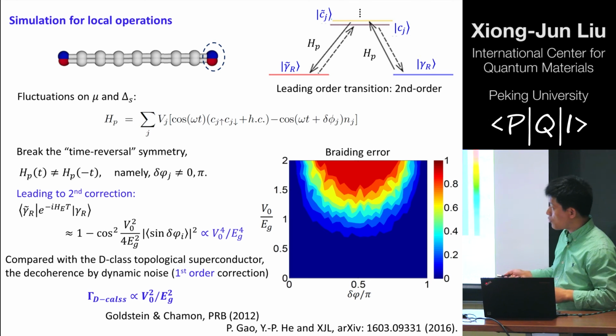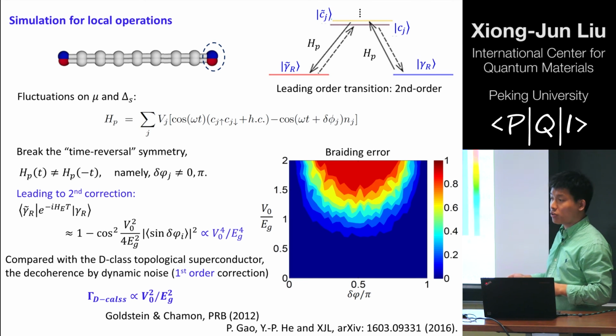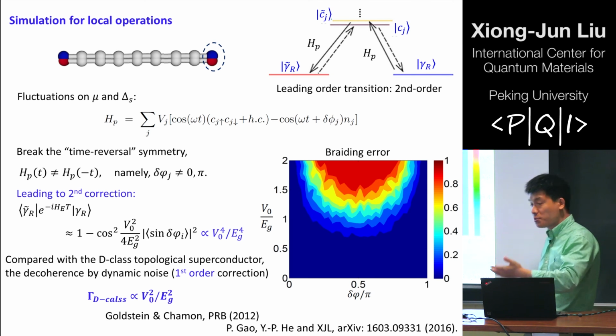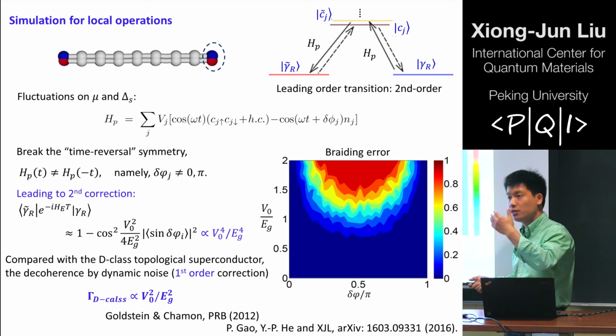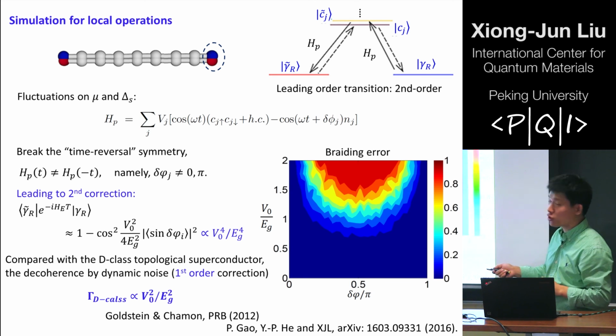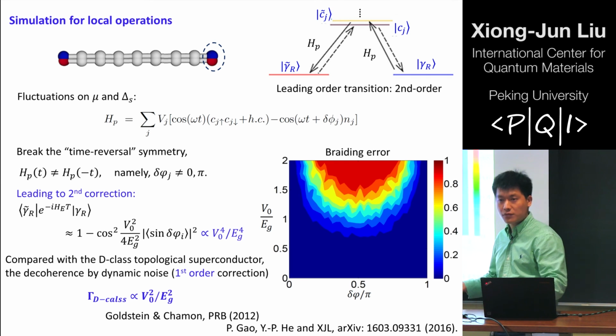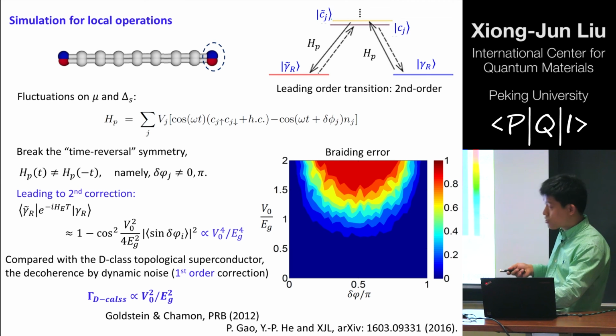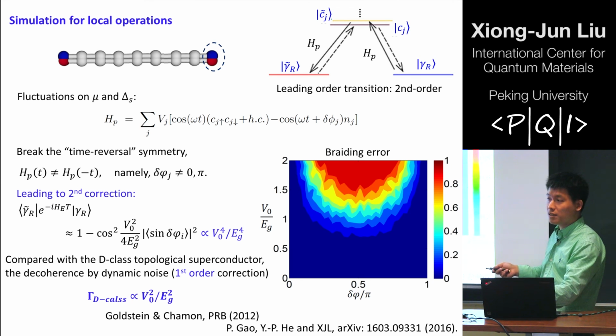For the chiral topological conductor, the leading order is the first order correction to the braiding. Here it's the second order correction. So the dynamic noise is not such an issue for the time-reversal invariant topological conductor for the braiding.